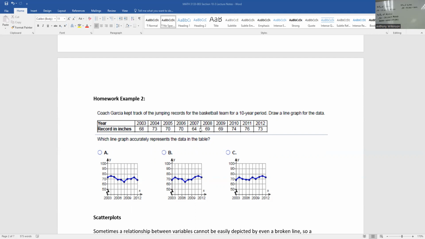Notice the year is in the top row, and the record in inches is right underneath it. We want to select the graph that best fits those data points.